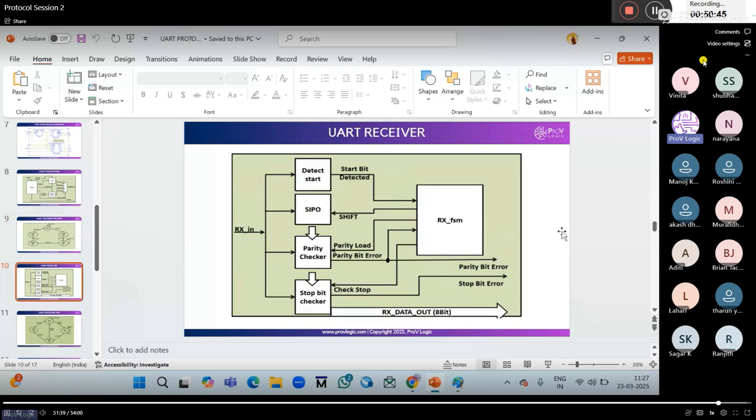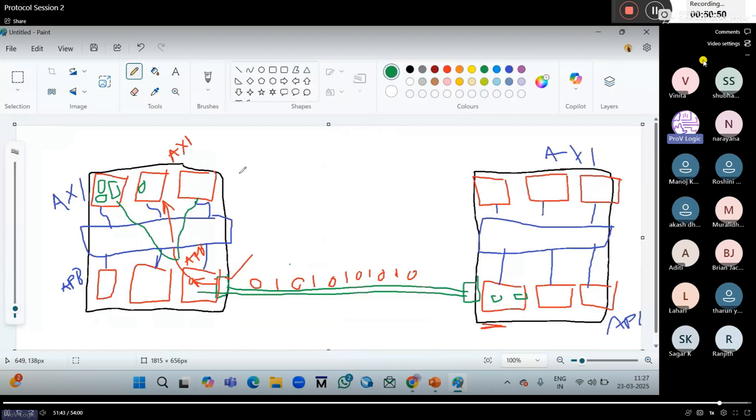This data will be sent to the FIFO. We use a lot of FIFOs here, nearly 1 lakh FIFOs within a system on chip. Every connection uses FIFO memories. FIFOs are nothing but just buffers. We use a lot of buffers at each stage.